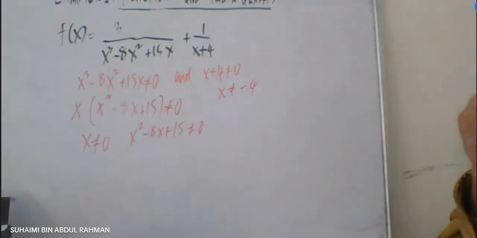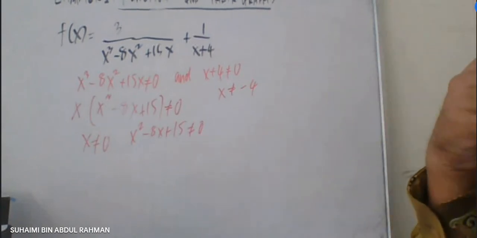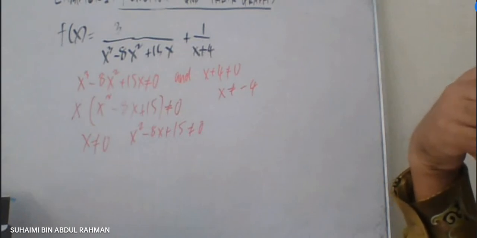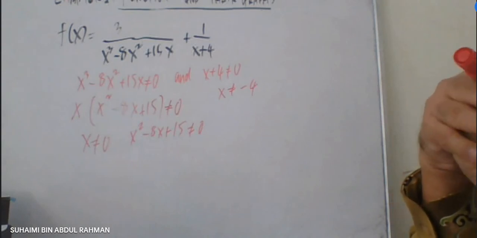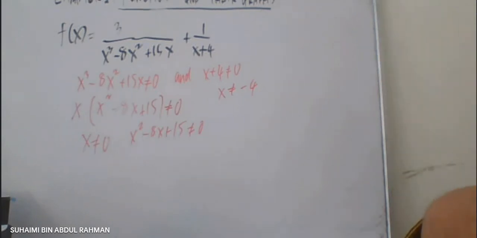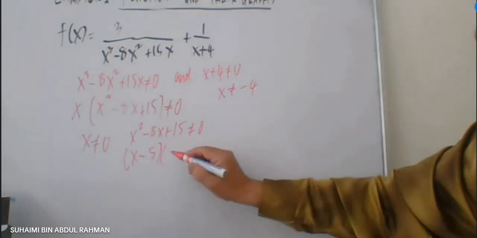So x squared minus 8x plus 15, how do you factor it? x minus 5, x minus 3.